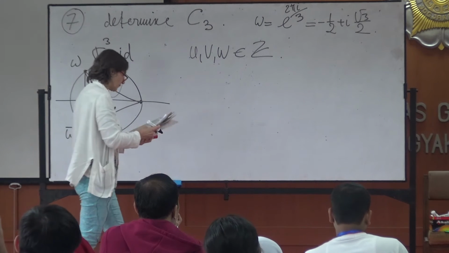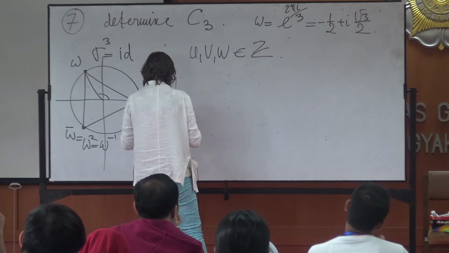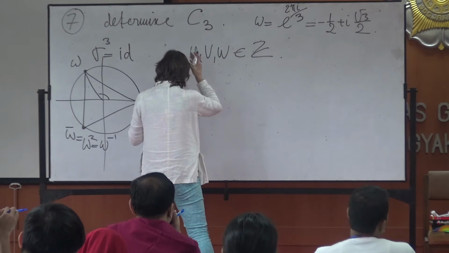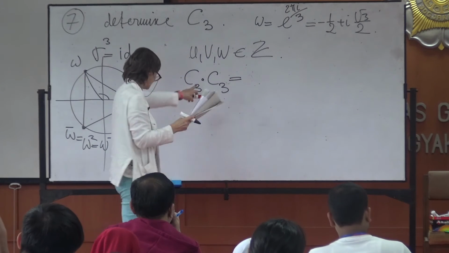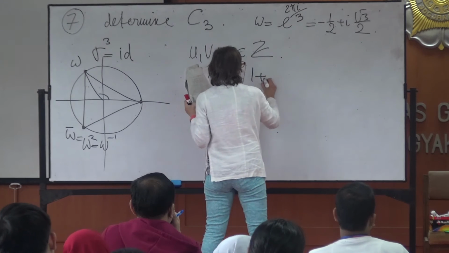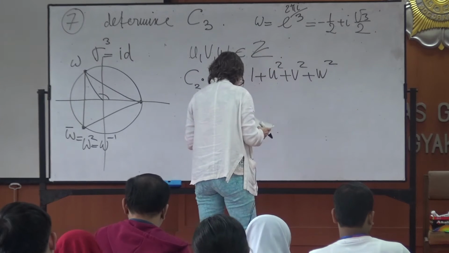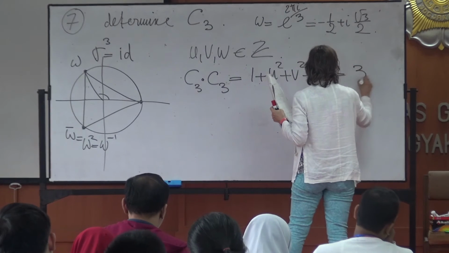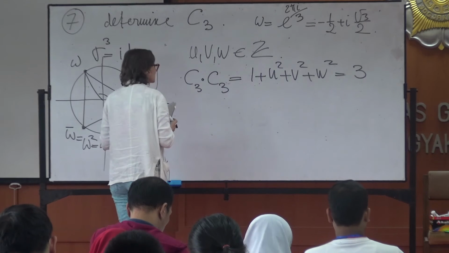Now let me see. So, for instance, we know that C3 dot C3 is equal to 1 plus u square plus v square plus w square, and this has to be equal to 3. Then we have C1 dot C3.